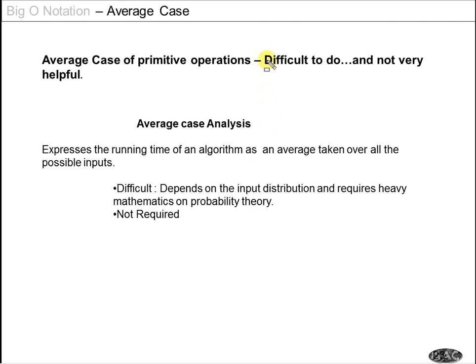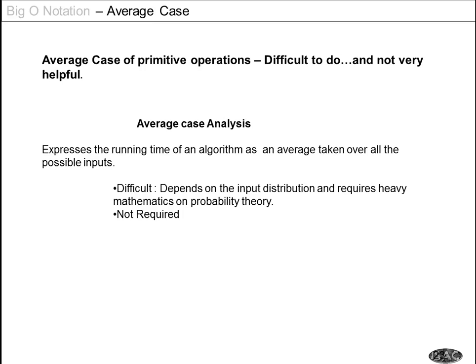So what we'll do is that we'll generally ignore average case analysis. We only focus on best case and worst case analysis using Big O notation. It is difficult, depends on the input distribution and requires very heavy mathematics on probability theory, and it is not very helpful either.